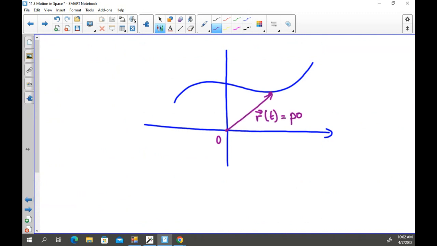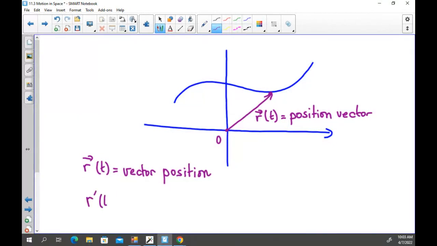So this is the position vector of this object, which is moving. At every time t, you have a certain position, which you can describe by a vector position like this. So r is the vector position, so it gives you the position of this particle in the plane or in space. Then if you differentiate the vector position, what do you get?